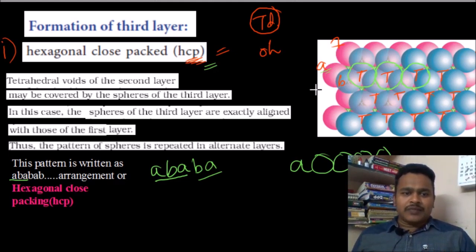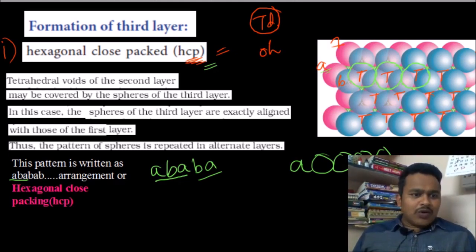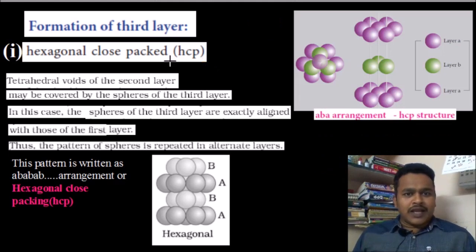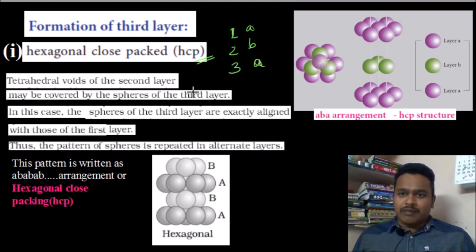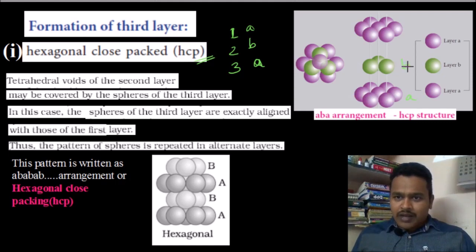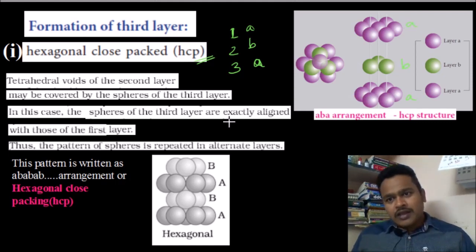And here the other point is, what is the coordination number here? What is the coordination number? In hexagonal packing we studied first layer, second layer, third layer. First layer A, second layer B, third layer again A. That means first layer A layer, second layer B layer, third layer again A layer.